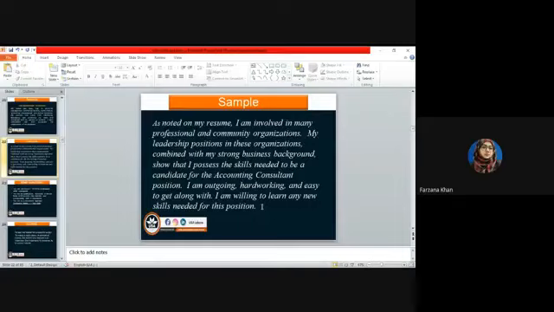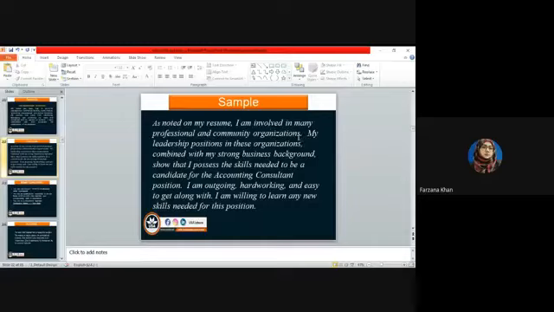In the next paragraph, this is also a middle paragraph. Here in this paragraph, you can relate your skills with the needs of the organization, with the need of the job. So: as noted on my resume, again, the reference to the resume is given here, I am involved in many professional and community organizations.